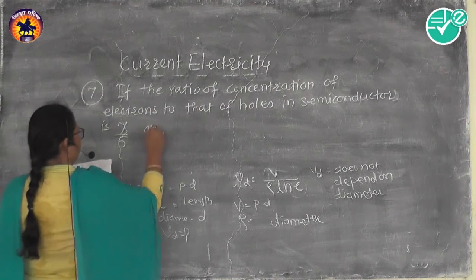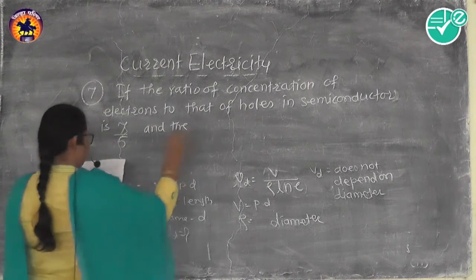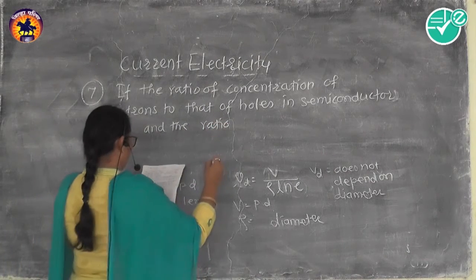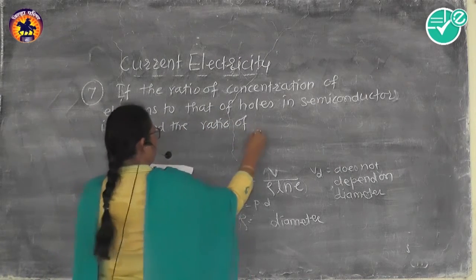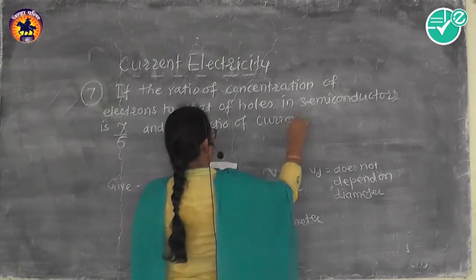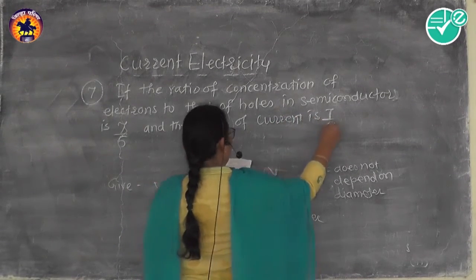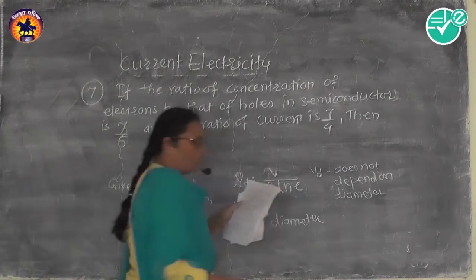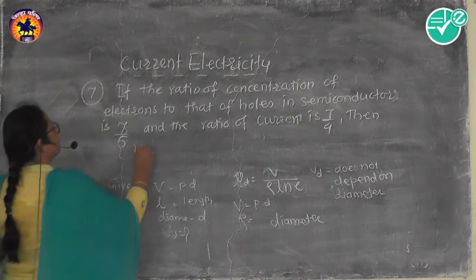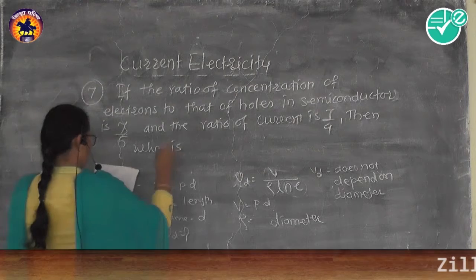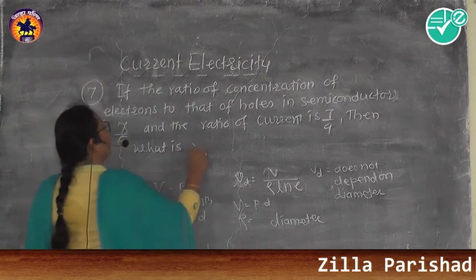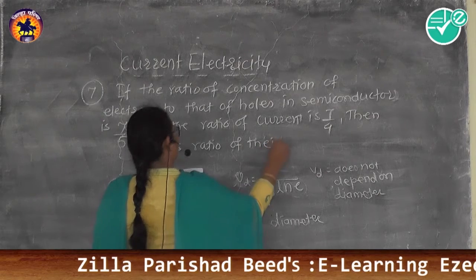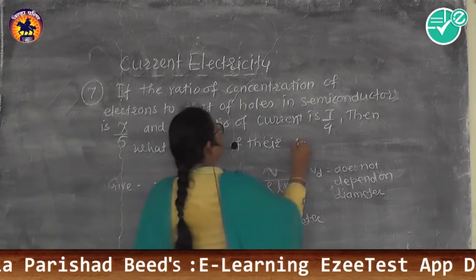and the ratio of current is 7/4, then what is the ratio of their drift velocities?